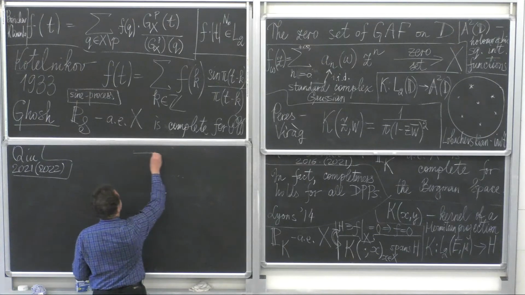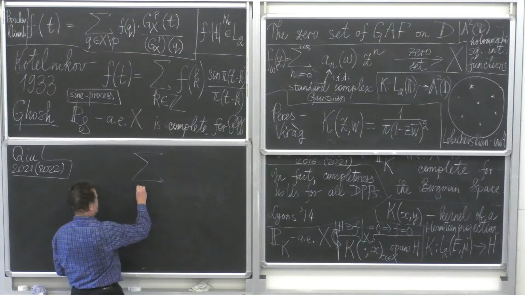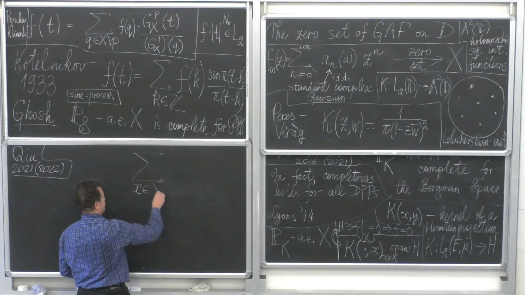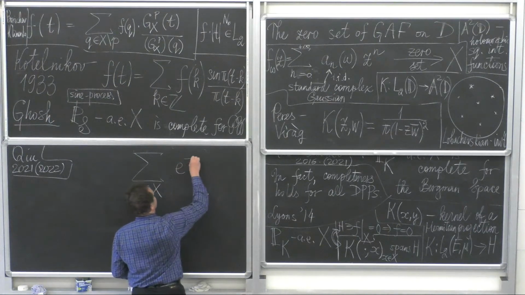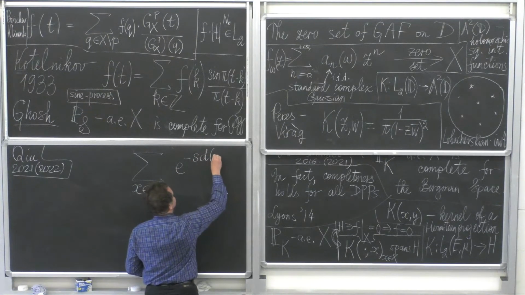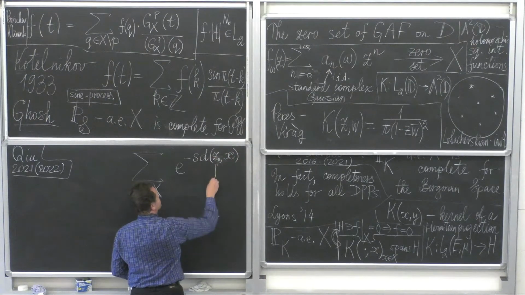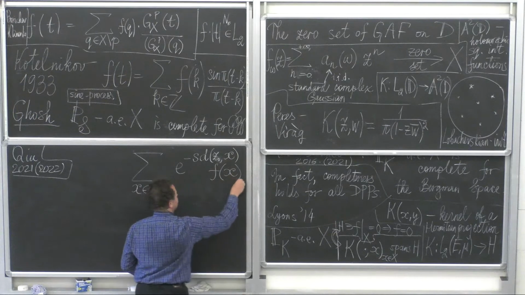I write a summation, if you wish, a Poincaré series. Let me write z0, x, just to stress the difference. z0 is the position of the observer, and x is my configuration.